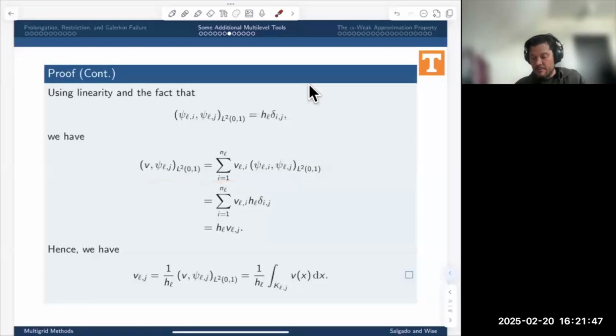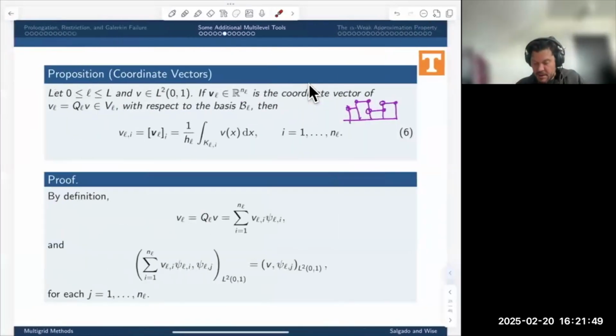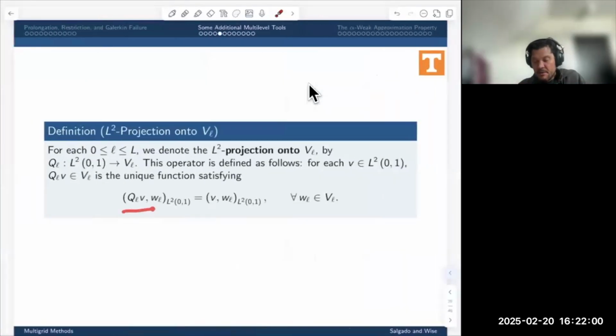But let's back up just 1 second. I made a small leap here that I didn't explain. How is this defined? This object is defined for every WL in VL.